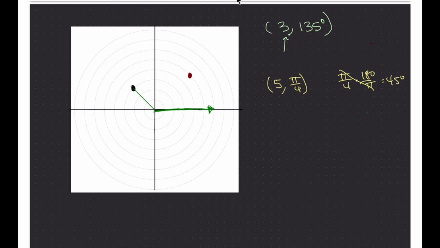So right about there. If you want to, you could draw that little guy, right? Not too bad. Alrighty.